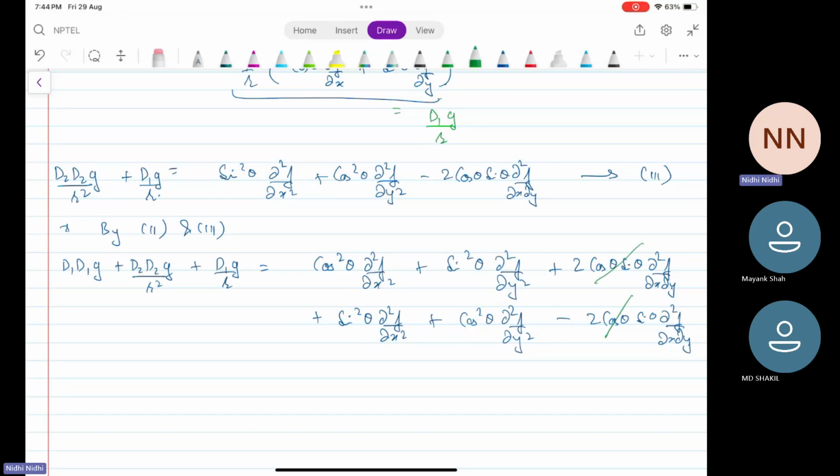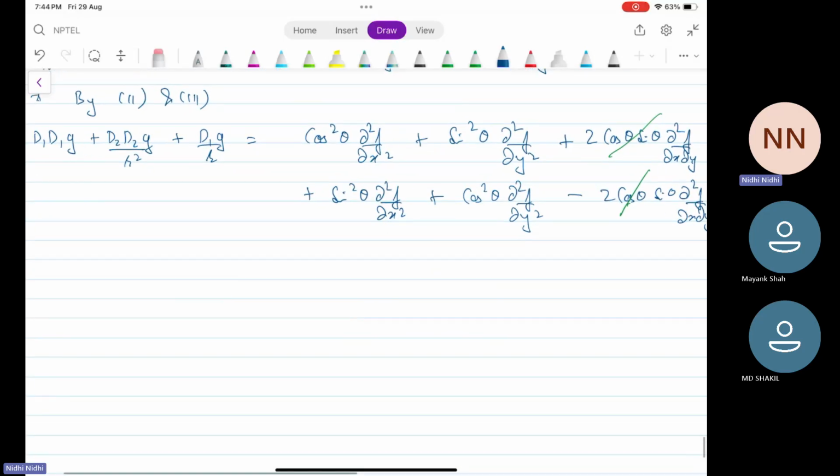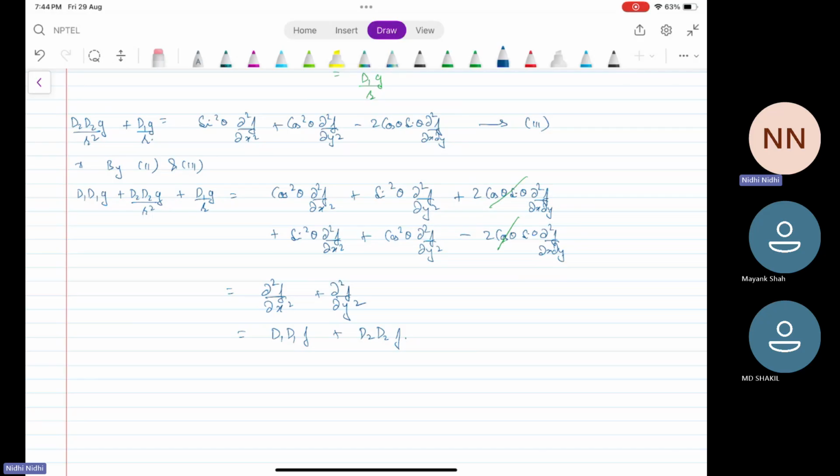Now these two terms get cancelled out, and since sine square x plus cos square x is 1, so many calculations. I don't think we have any other method. If you can find one, that would be great for me also. So this is just del 2f by del x square plus del 2f by del y square. That's what we had to prove.